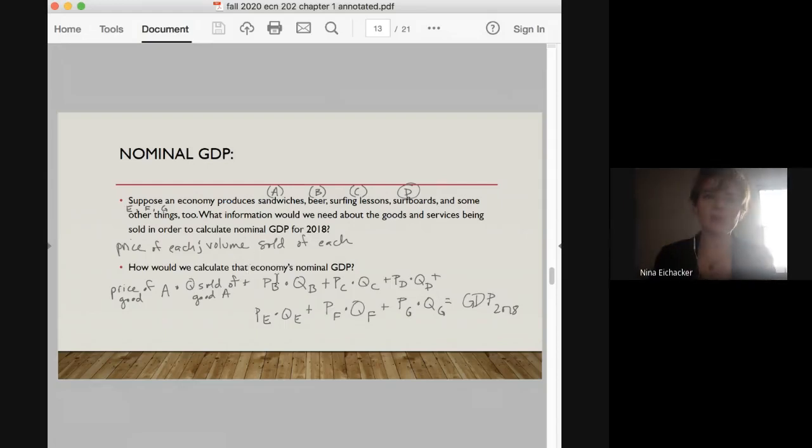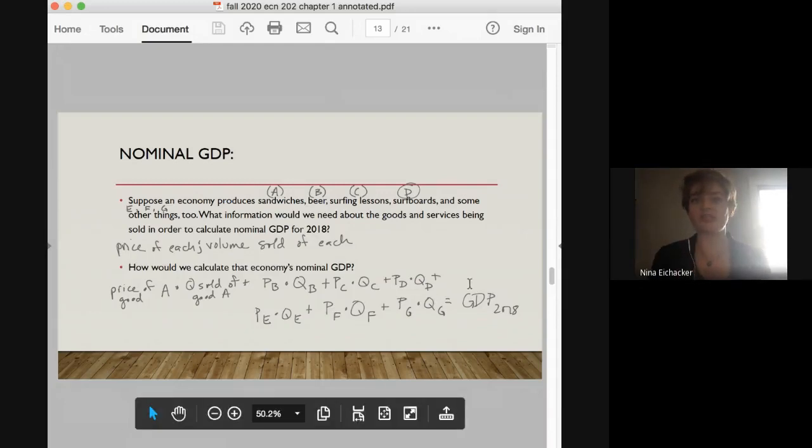We would then add that to the price of beer times the quantity of beer sold in 2018, plus the price of surfing lessons times the quantity of surfing lessons consumed or hired, plus the price of surfboards times the quantity of surfboards sold in this given period, plus the price of good E times the quantity sold of it, plus the price of good F times the quantity sold of it, plus the price of good G multiplied by the quantity of good G sold in 2018.